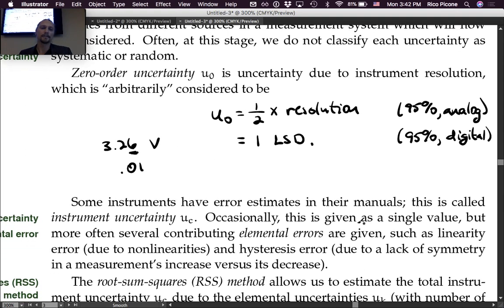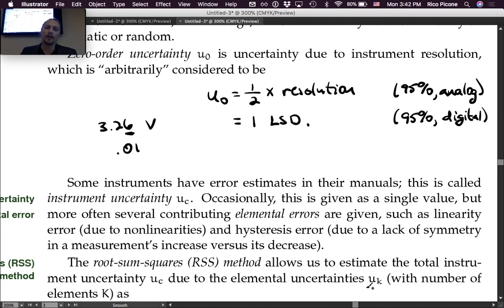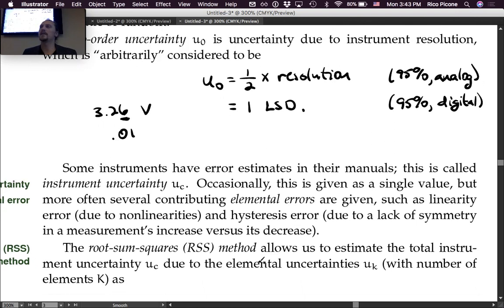Some instruments have error estimates in their manuals. This is called instrument uncertainty UC. Occasionally this is given as a single value, but more often several contributing elemental errors are given, such as linearity error, which comes about due to nonlinearities, and hysteresis error due to a lack of symmetry in a measurement's increase versus its decrease.